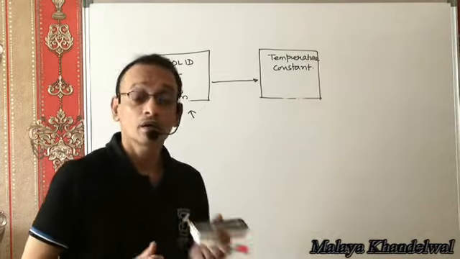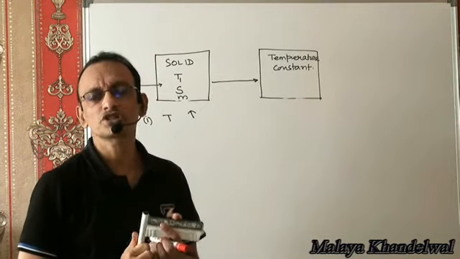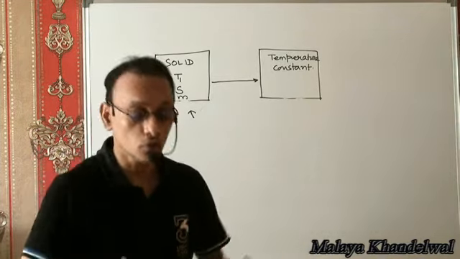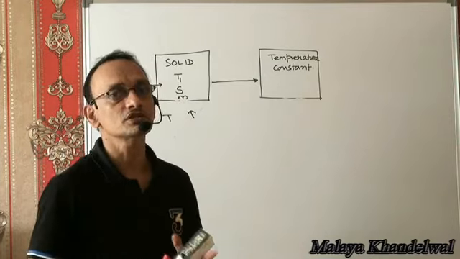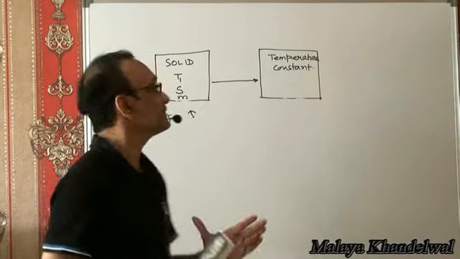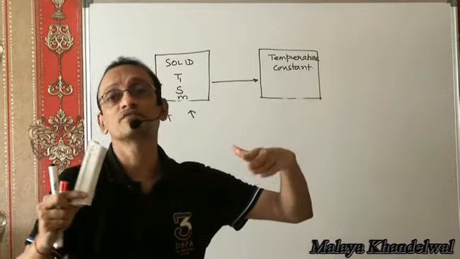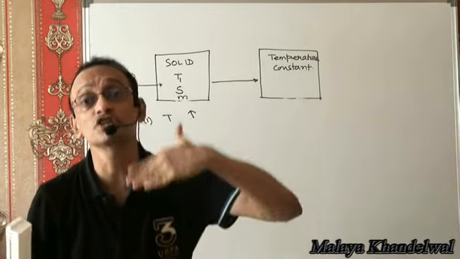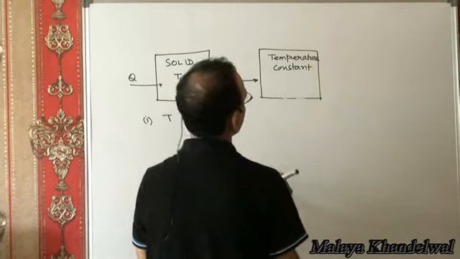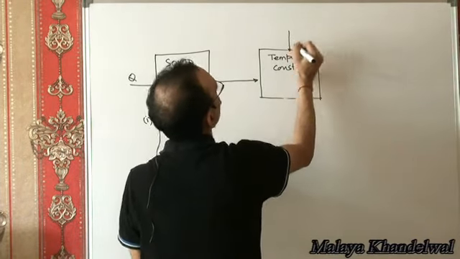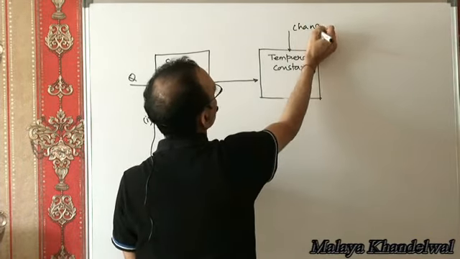Now, why does it remain constant after a while, even though you're supplying more and more heat? What really happens is, this is the time when this solid starts to change its phase. Change of state takes place. When the temperature remains constant, there is change of state.